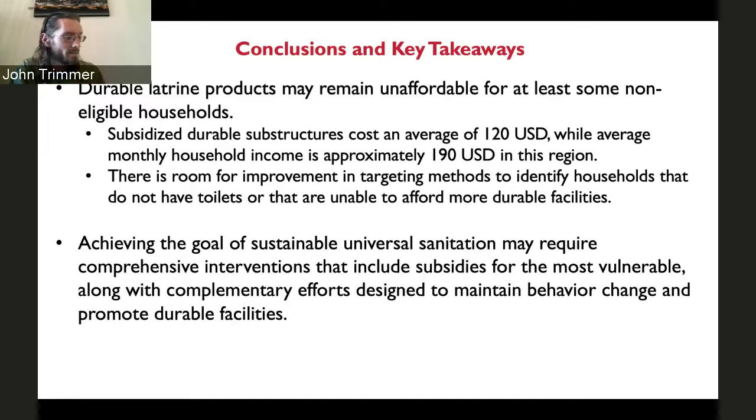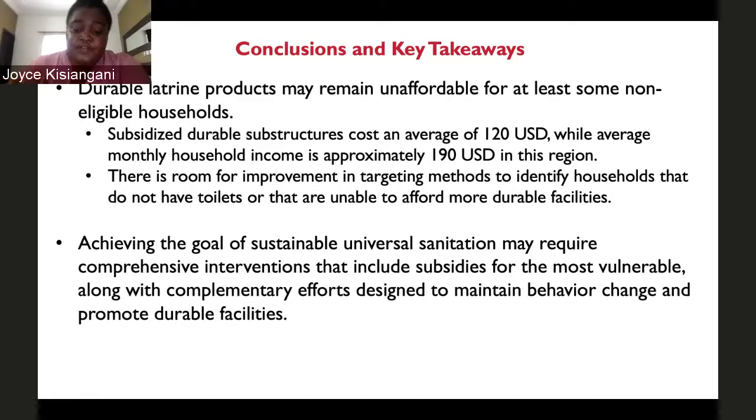Like John mentioned, during voucher distribution, the non-eligible households were also educated on the free latrine substructures that were available for the eligible households, and they were provided with contacts of the local artisans so that they could acquire any of the three durable latrine substructures if they wanted, but at their own cost.